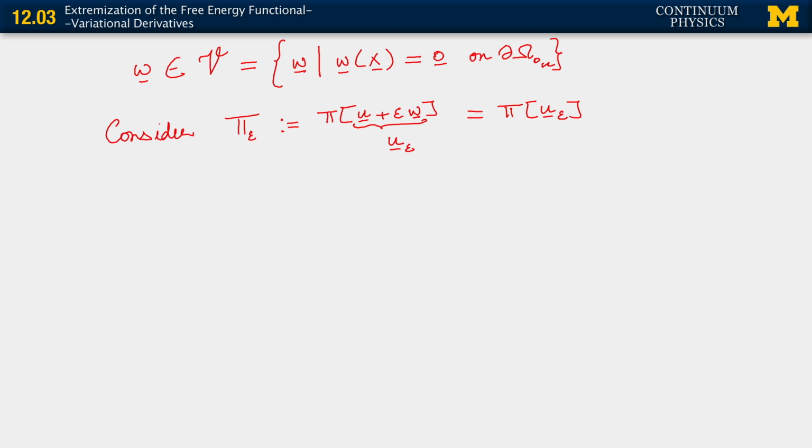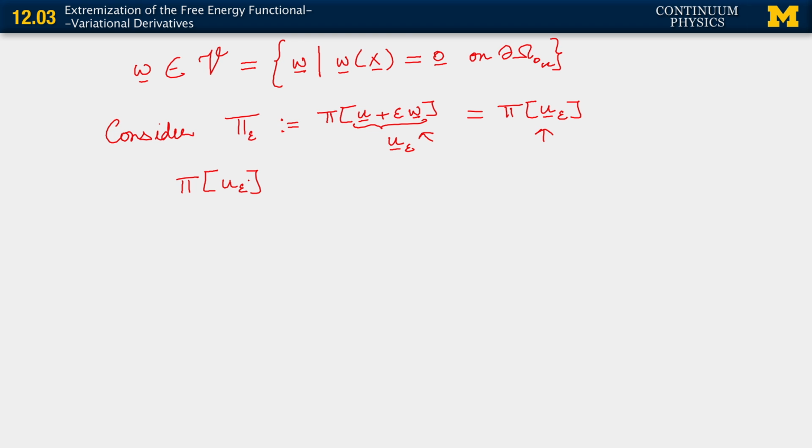We're now coming to the so-called business end of this segment. We still want to define that derivative. Here's how we could do it. If I'm applying these variations to U, I can evaluate pi with those variations. So I could consider pi evaluated at epsilon.